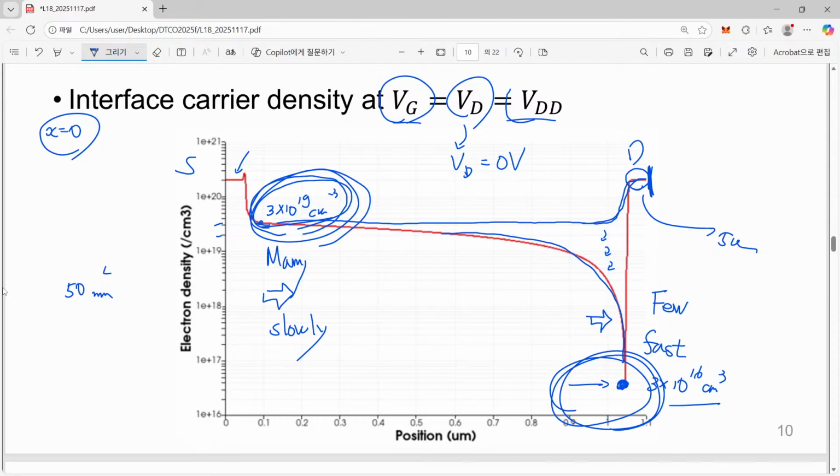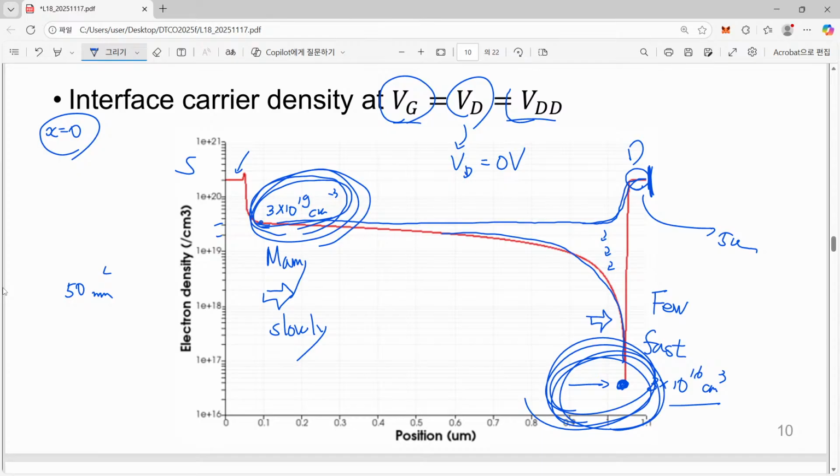And another thing we have to be a little bit careful about is that this just shows the interface electron density. In this specific case of on-current condition, it is usually known that electrons are not concentrated on this surface layer, but are widely spread along the vertical direction.